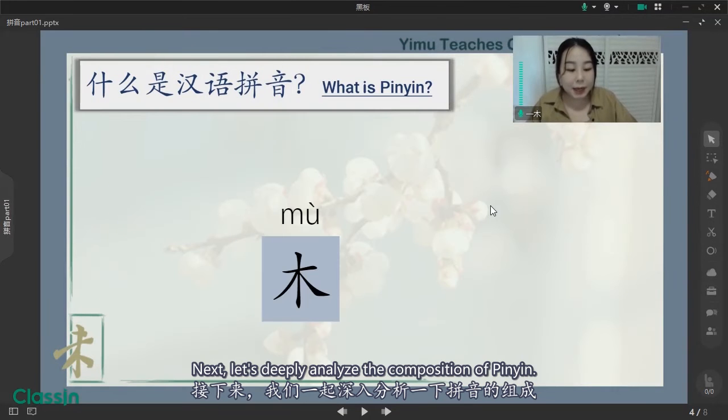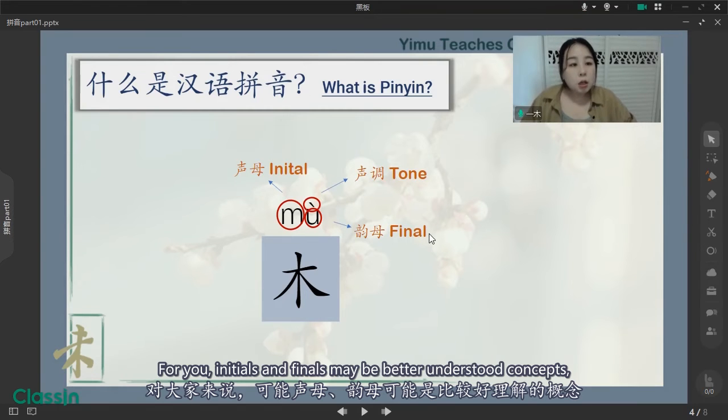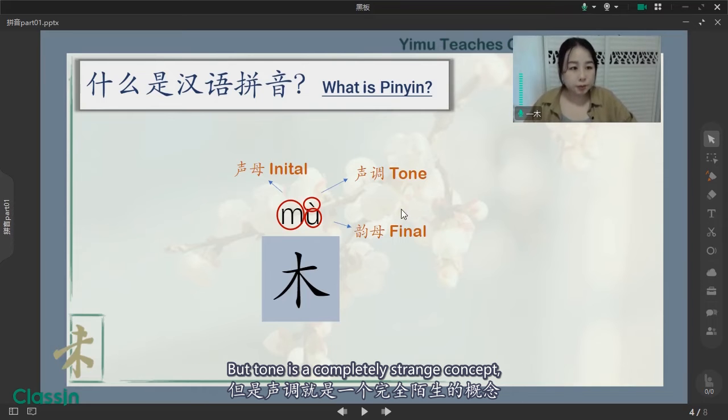Let's deeply analyze the composition of pinyin. There are 3 parts in a pinyin syllable, which are the initial, final, and the tone. For you, initial and final may be better understood concepts, but tone is a completely strange concept.